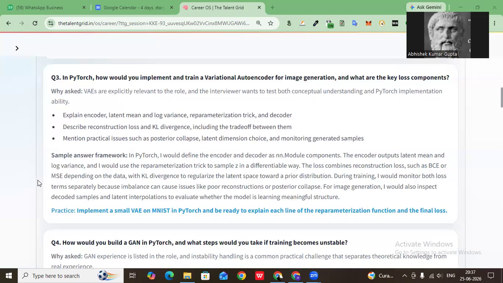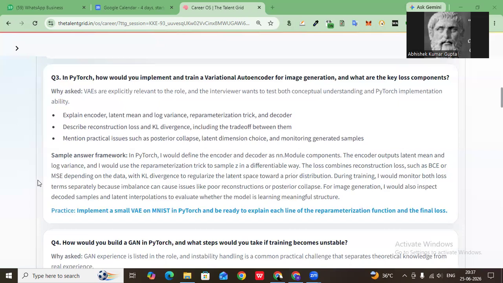Okay. Any ideas on what posterior collapse or latent dimension choice is? Yeah, I do remember these things. Posterior collapse is related to that KL divergence thing only, but I'm not able to recall these things.